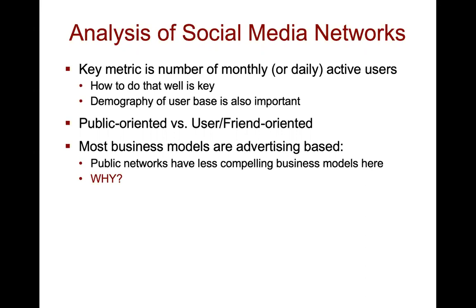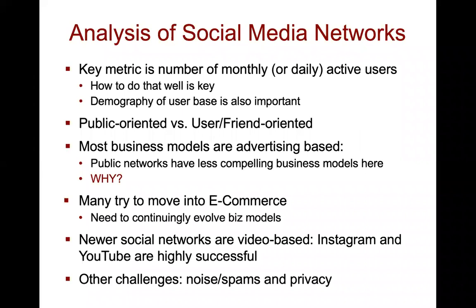And of course, most of the monetization schemas are based on advertisements. So public networks have less compelling business models here as well, right? Because when it comes to public, then they have to give up a lot of content organically. So there is less incentive for brands to tap into the paid media infrastructure of the network rather than just spin off organic posting.